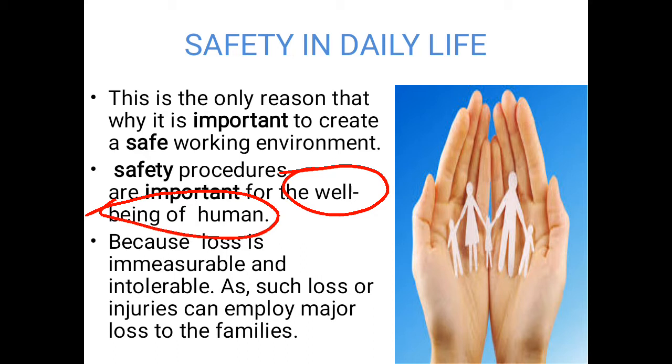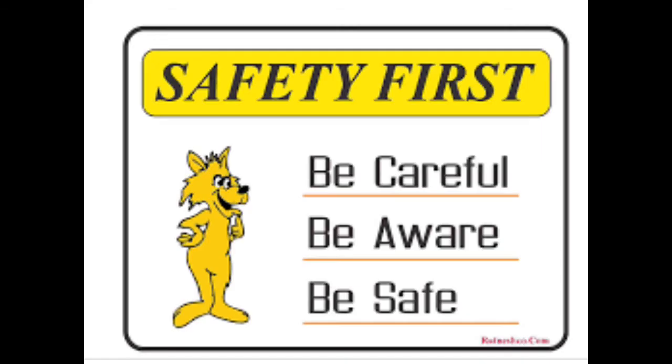Such loss or injuries can be a major loss to their families. So we need to be very careful when it comes to daily life. Safety first, and for this we need to be very careful and aware, then we can be safe.